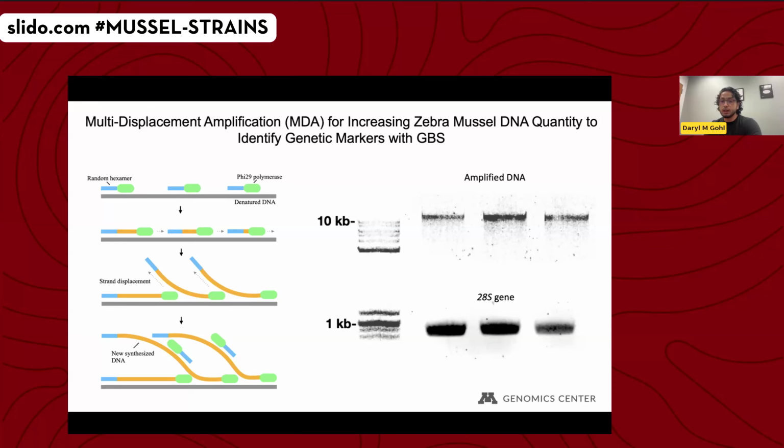In short, MDA uses a phi29 polymerase and random hexamers to generate multiple copies of the genome from very few nanograms of DNA. Now we have refined an MDA protocol to obtain functional and high quality DNA from very few nanograms of DNA.